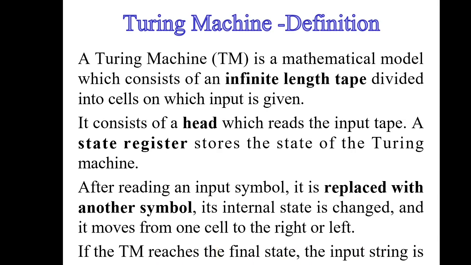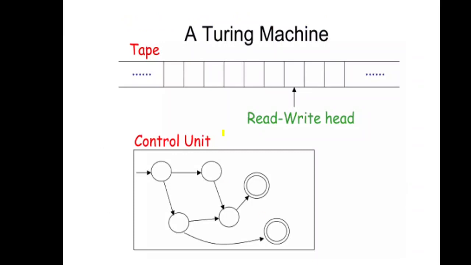Okay, so next, this is the model of the Turing machine. The input tape is an infinite tape, infinite on both the left and right sides. It's an infinite storage device, and this is the read write head.